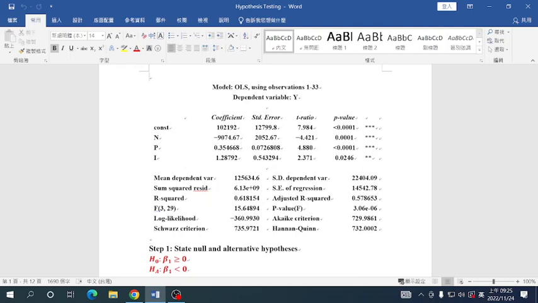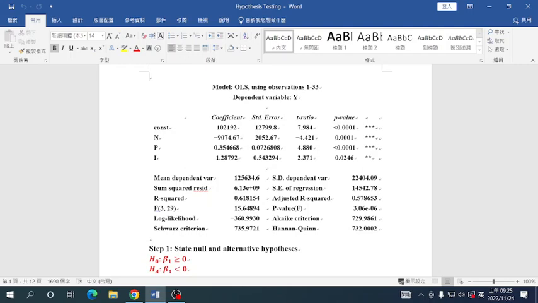What do we mean by reject the null hypothesis? We reject this one, right? And what does this mean? This means the model is useless, because when beta 1, beta 2, and beta 3 all equal 0, none of them can explain the variation of y.